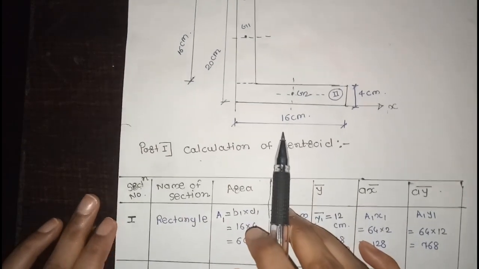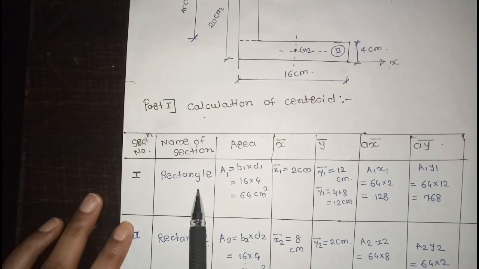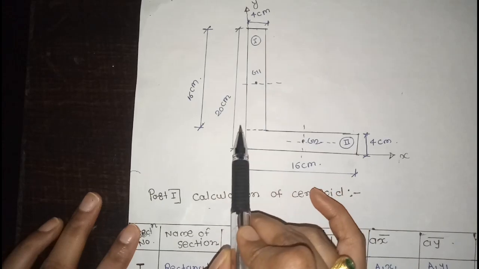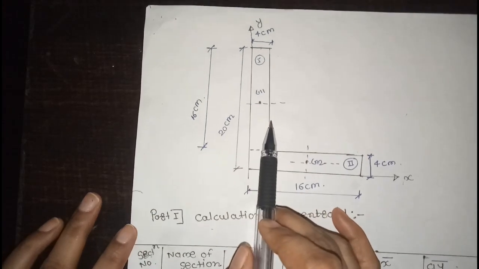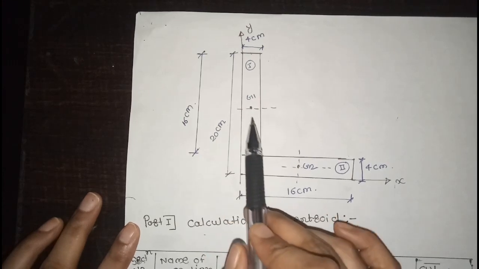Name of section is rectangle. Area of section, area of rectangle. Draw the dotted line, then you will get the rectangle.